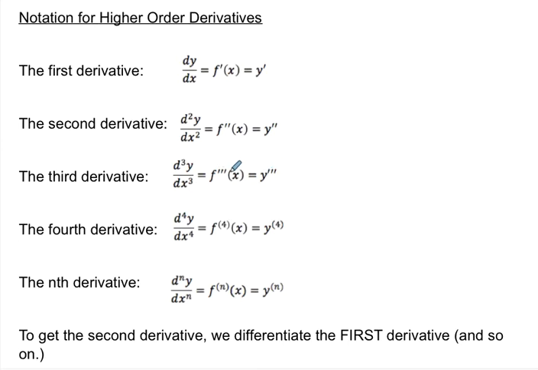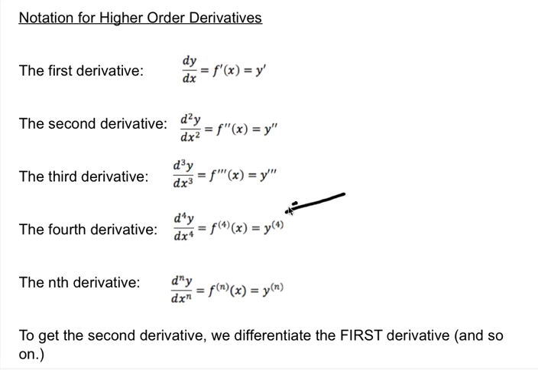Now, after 3 primes, you can sort of see it happening here, that's a lot of little hash marks to read that are tiny little superscripts. So eventually we start using a number here instead. What I want you to notice is that the number is written in the superscript position. It's not an exponent. It's in parentheses, and it means derivative. So d to the fourth y over dx to the fourth is the same as f with the 4 in parentheses of x, or y with that 4.